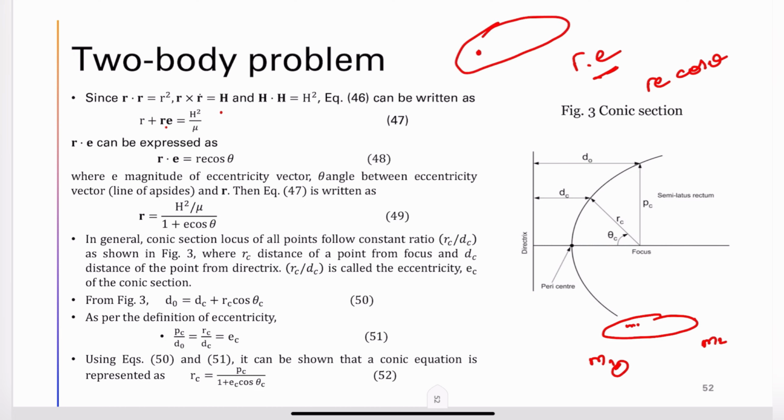Here is the mass M1 and M2 is rotating around it. The farther point is the apogee point, the nearer point is the perigee point. The line joining the apogee point and the perigee point through the center of mass is called the line of apsides.